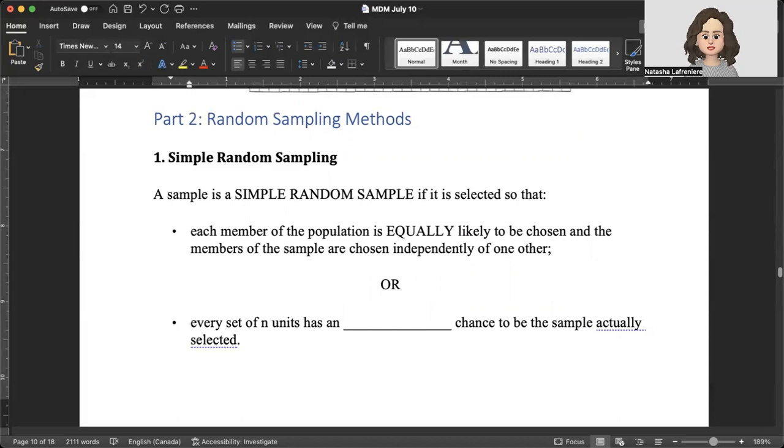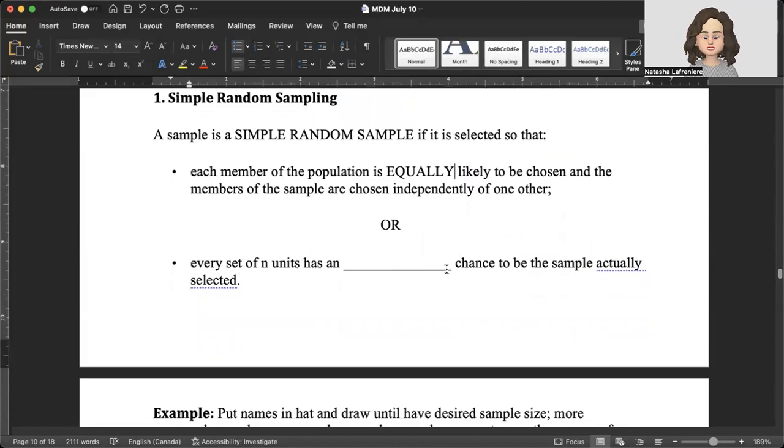So when we have it very equal, you could say 50 women, 50 men, equally chosen, and you can see how many play sports or something. Every set of n units has an equal chance to be the sample actually selected.